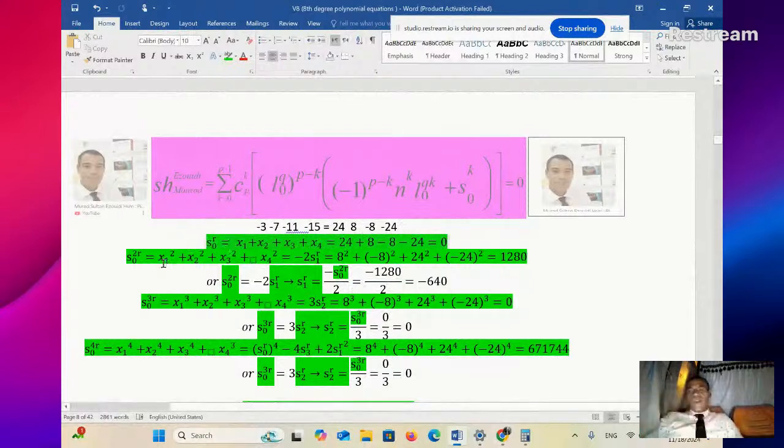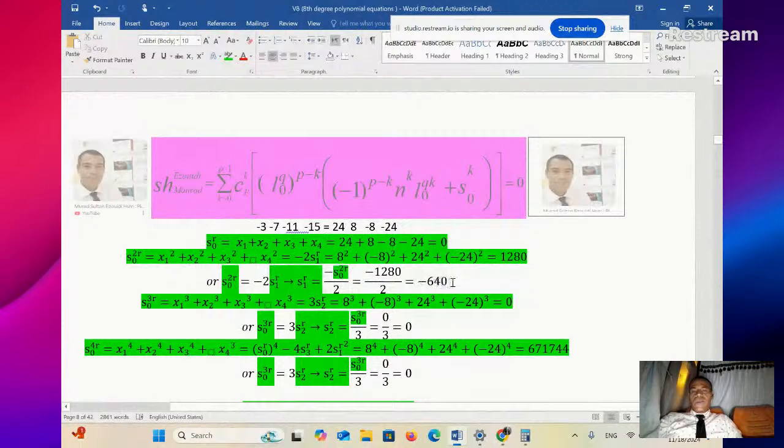S0 for the power 2r will be x1 squared, minus 24 squared, plus x2 squared, minus 8 squared, plus x3, negative 8 squared, plus x4, which is negative 24 squared. This one, learners, has to be equal to 1280. But S0 for the r squared is equal to negative S1 for the r, so after calculating, I find S1 is equal to negative 640.